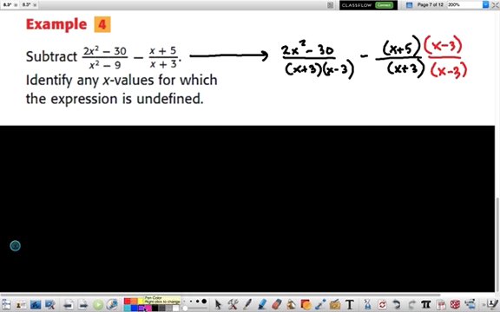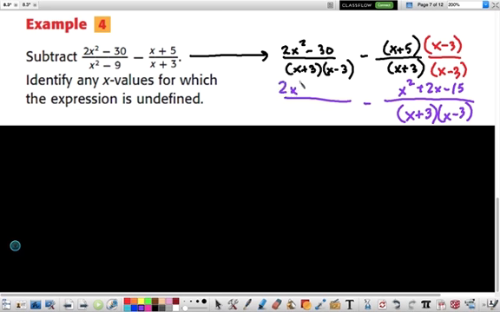Now you need to multiply this out first. x squared minus 3x plus 5x is positive 2x, negative 15, so it's x squared plus 2x minus 15. That's being subtracted from 2x squared minus 30.